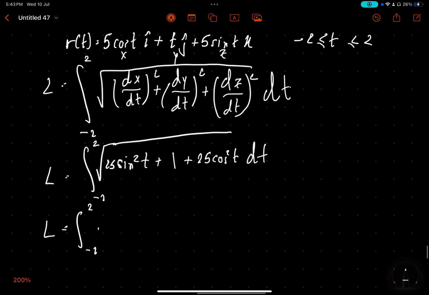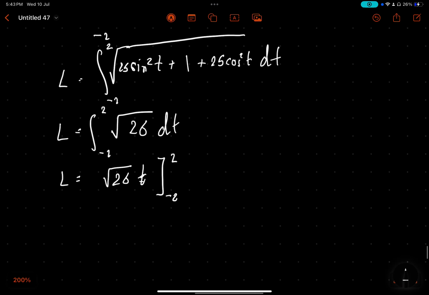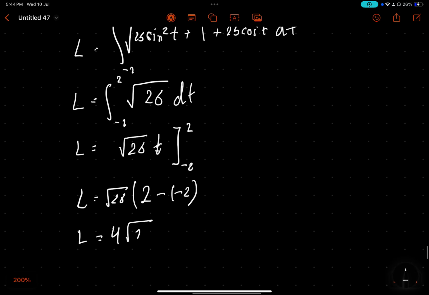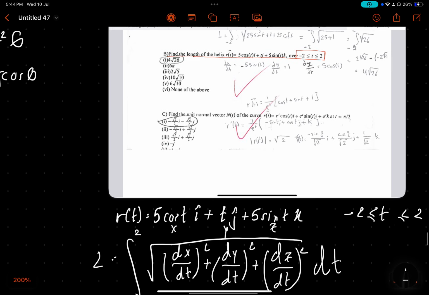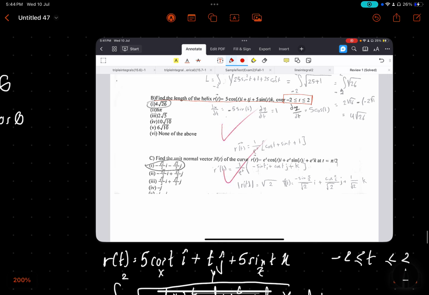Now L equals the integral from negative 2 to 2 of 25 plus 1 is 26, dt. And now L is just 26 times t from negative 2 to 2. And it goes from 2 minus minus 2. So L is 4 root 26. Is this correct? Yes, 4 root 26. That's exactly what we get.